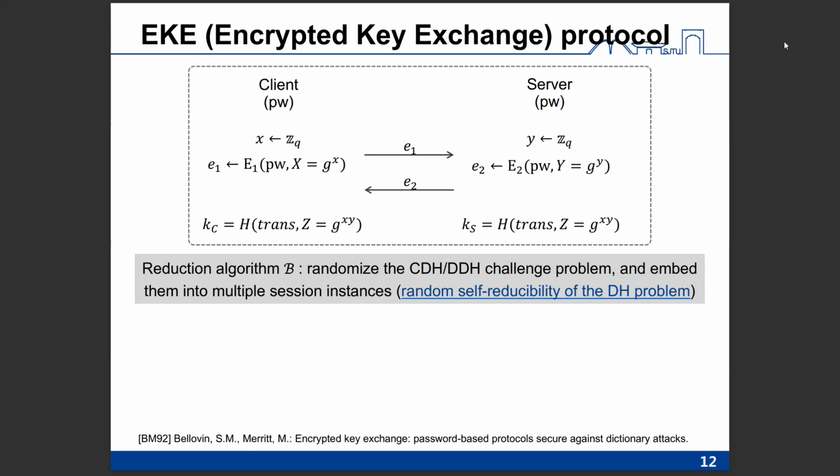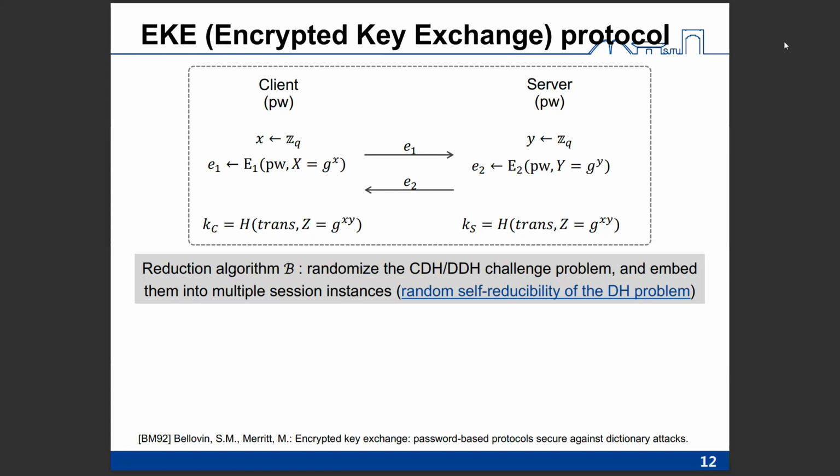Now, we want to prove the tight security of EKE. That is, we want to make a reduction, and the reduction algorithm B intuitively first needs to randomize the CDH or DDH challenge problem and embed it into multiple session instances. This is due to the random self-reducibility of the DH problem.